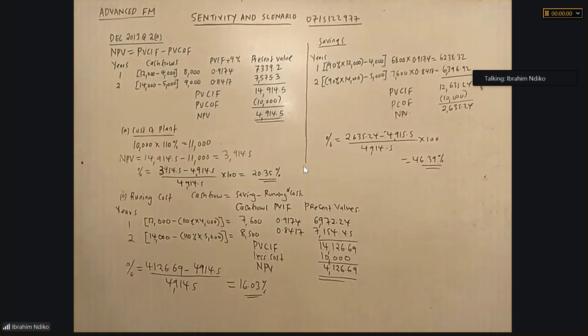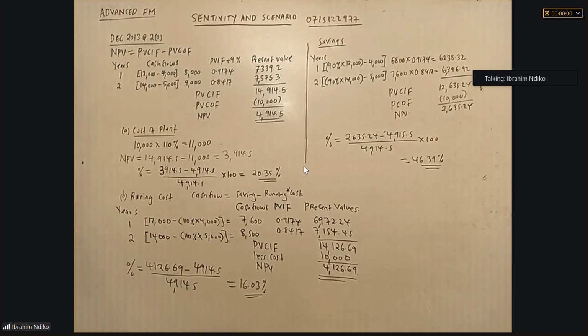Because how? Yes. So the higher the rate for this one, the higher the sensitivity. Sivyo? So for this one, it will be the higher the percentage, the higher the sensitive. Yes. The other one ilikuwa the higher the percentage, the less the sensitive. Yes.